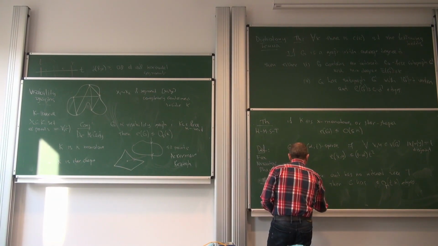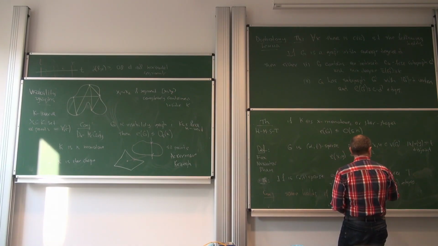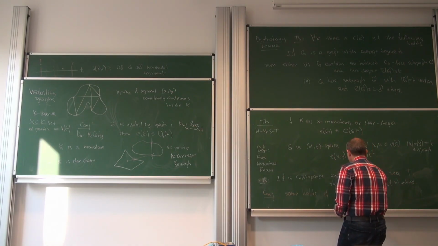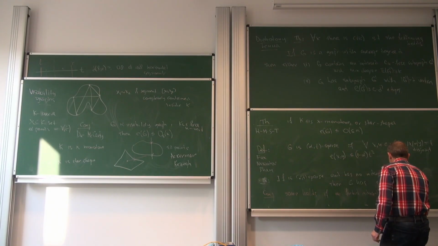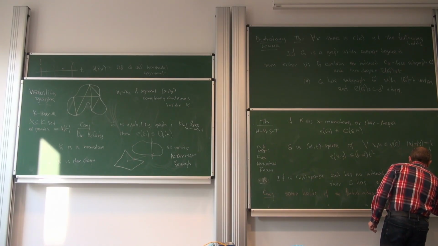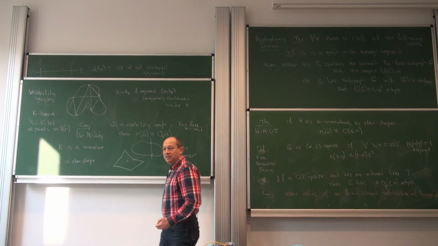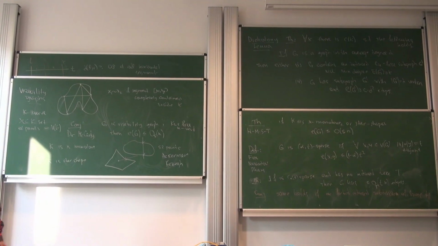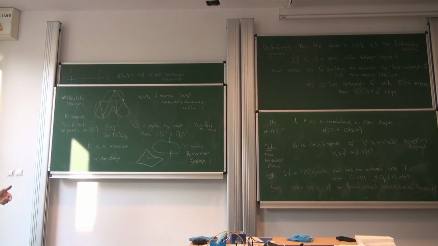the same holds if instead of forbidding an induced subdivision of K_T, we forbid an induced subdivision of some graph H. So obviously, you can think about my two examples in the beginning, right?